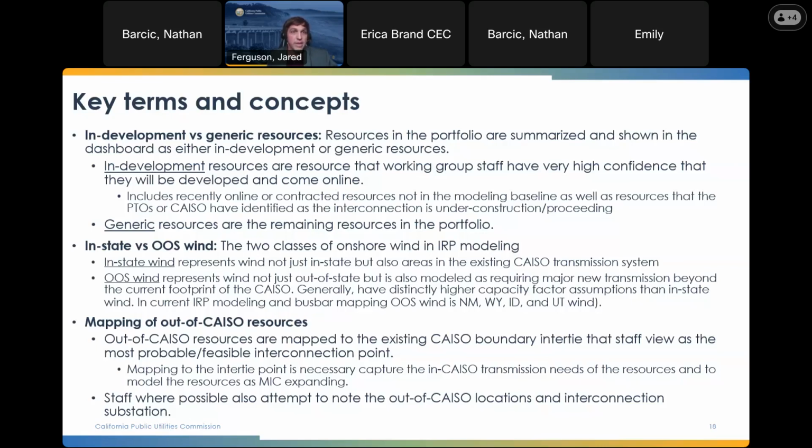Generally, as well, the out-of-state wind is modeled and resolved as having distinctly higher capacity factors than the in-state wind resources. And in the current IRP modeling, we have 4 specific categories of out-of-state wind, which are New Mexico, Wyoming, Idaho, and Utah wind.